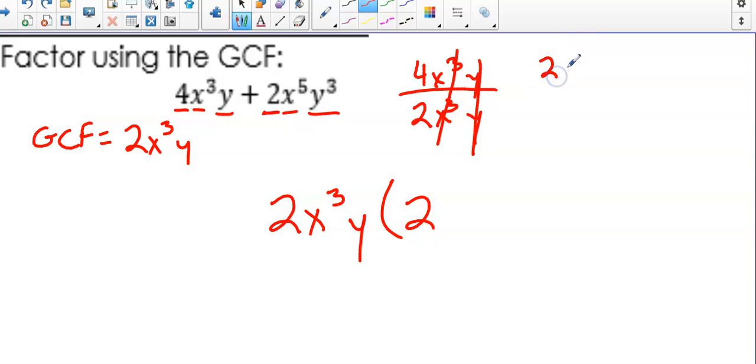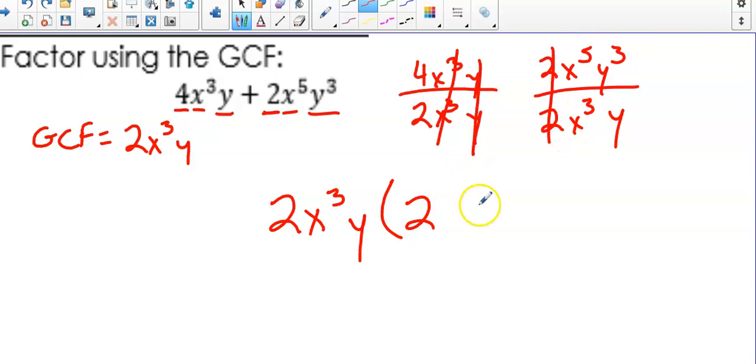Then I take my other term, 2x to the 5th y to the 3rd, divided by 2x to the 3rd y. The 2 and the 2 cancel. X to the 5th divided by x to the 3rd, remember, our exponent rules, we subtract our exponents, will be x to the 2nd. And then y to the 3rd divided by y will be y to the 2nd.